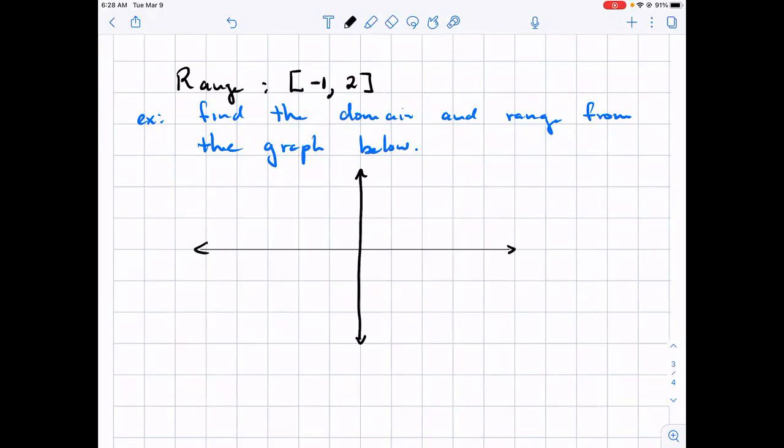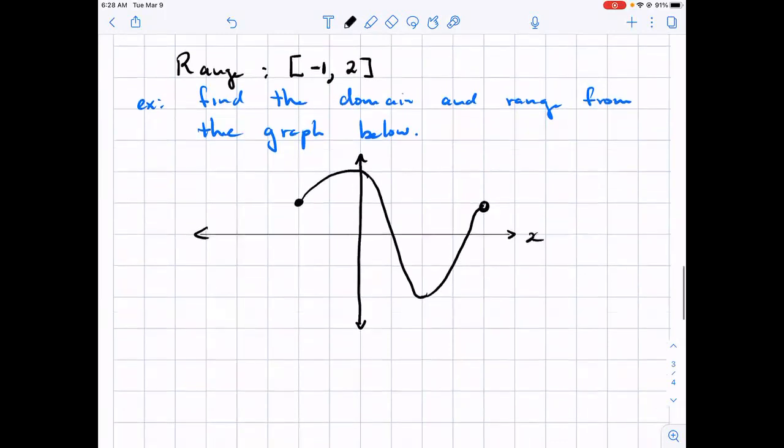Well, let me draw my graph first. So we have a solid dot here, and then that goes up there, comes down all the way over here, and let's say we stop here. So this is X, this is Y. Let's put in some numbers now. 1, 2. Actually, I wanted to pass through a point so we don't have to guess.